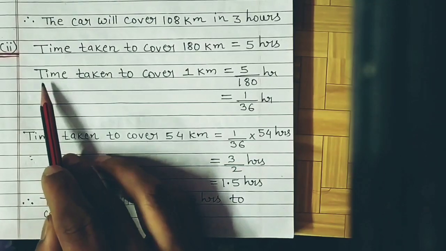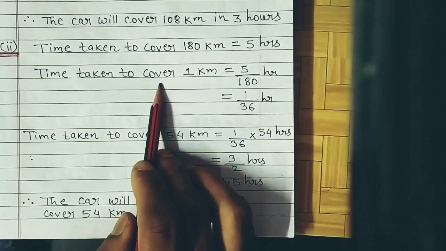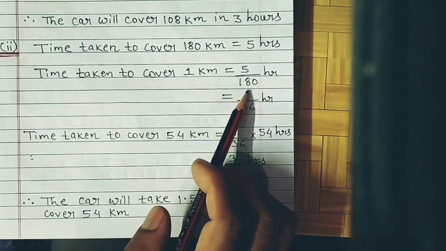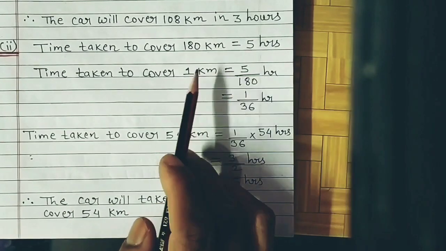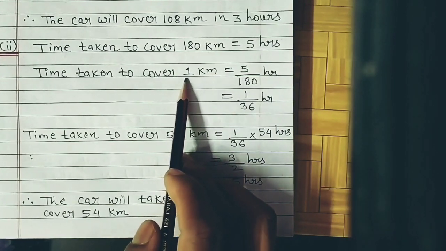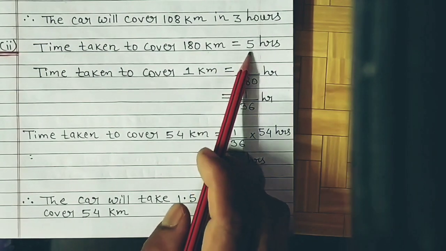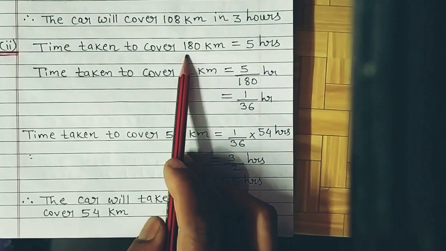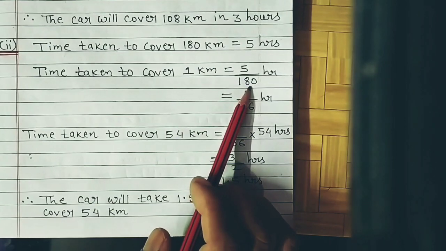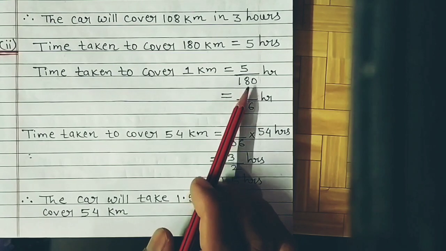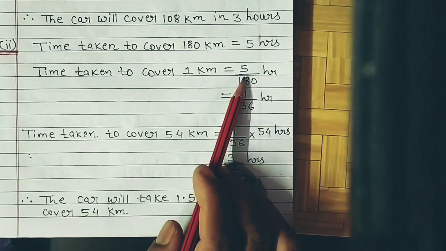Now I have written time taken to cover 1 km equal to 5 by 180 hour. As you already know, for the one quantity we divide. So I have divided this 5 by this 180. And here 180 will not divide 5 completely.